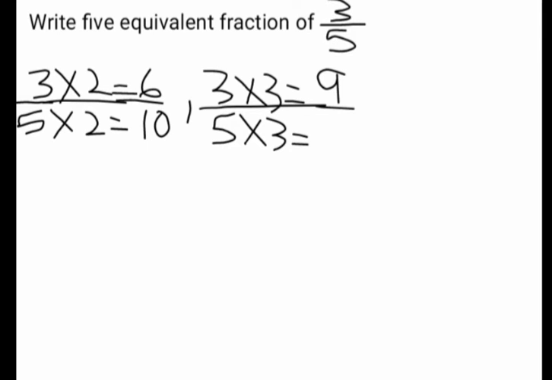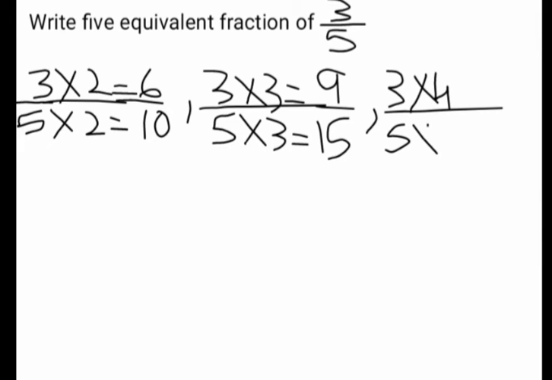9 and 15. The third one we will take 4. 12 and 20. Fourth one, 5.